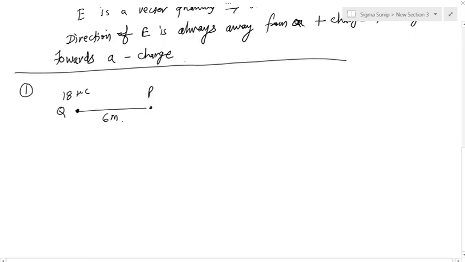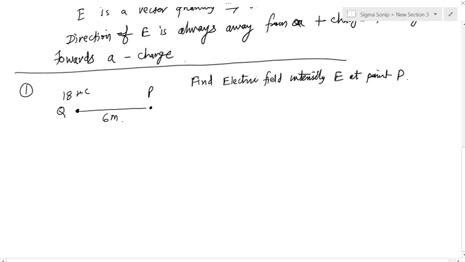So I want to find electric field intensity E at point P. We already know the formula.